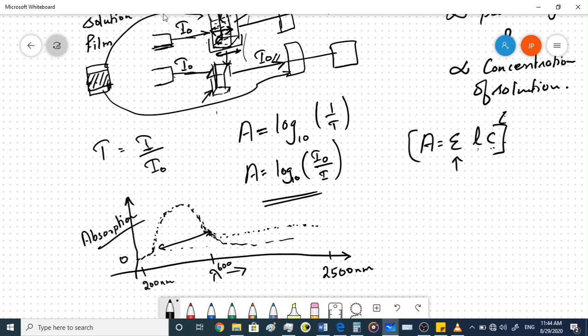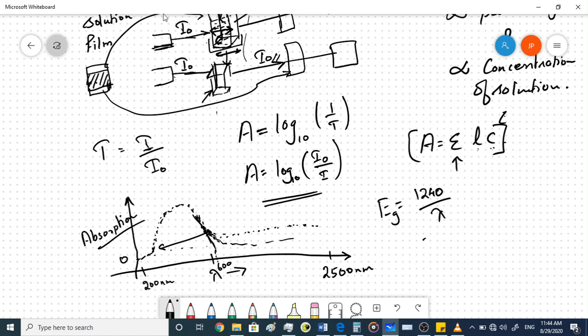So for the band gap, basically you can plot a tangent over here, and you can find the last value of lambda for which your light is getting absorbed, and from there you can have a rough calculation of what the band gap of the material is. So let's say if it is around 600 nanometers, then you can use the equation energy Eg is equal to 1240 by lambda.